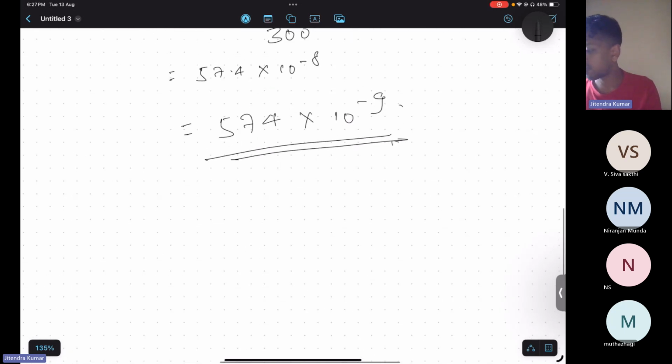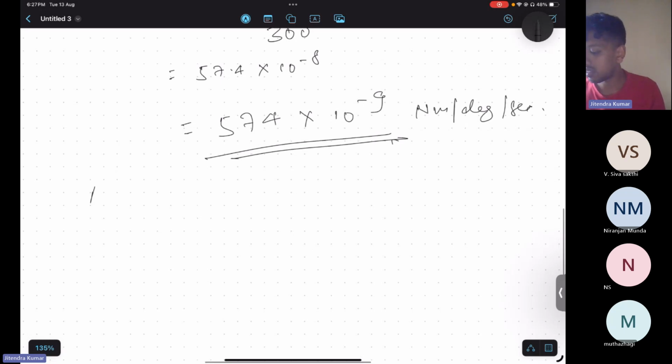So this much is not nano. This will be Newton meter per degree per second. And the answer should be 574 nano Newton meter per degree per second.